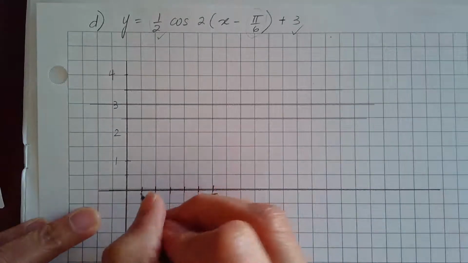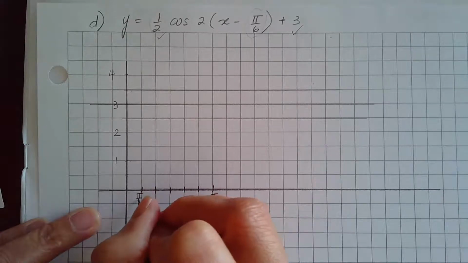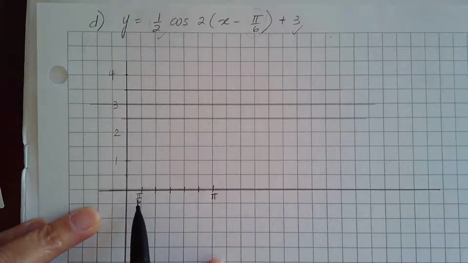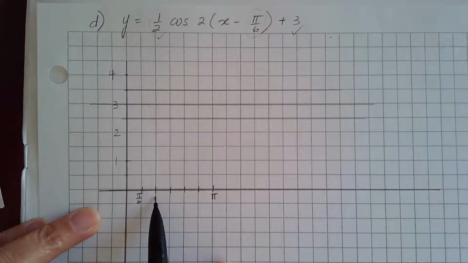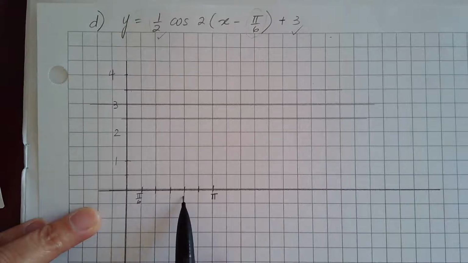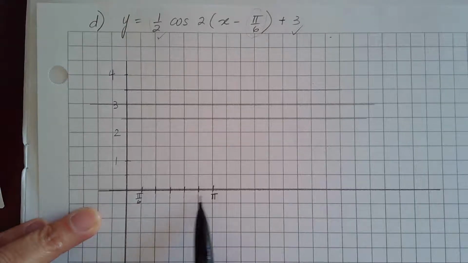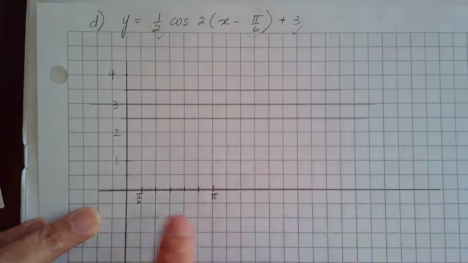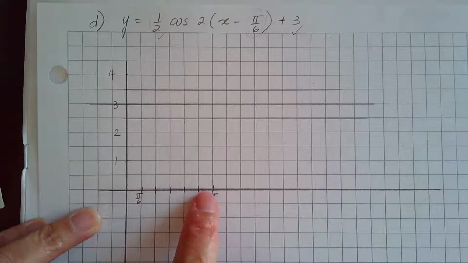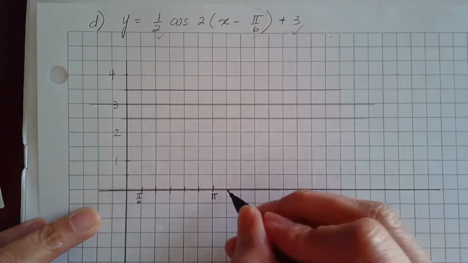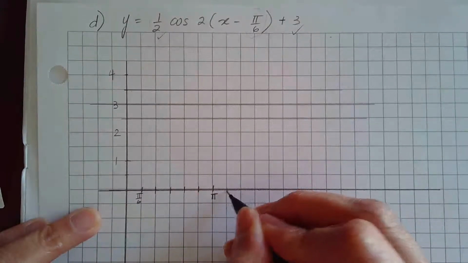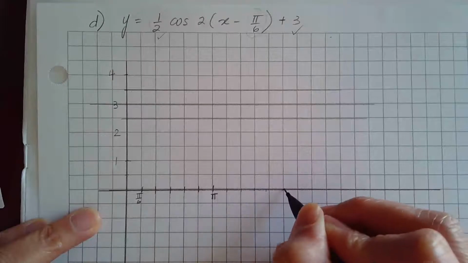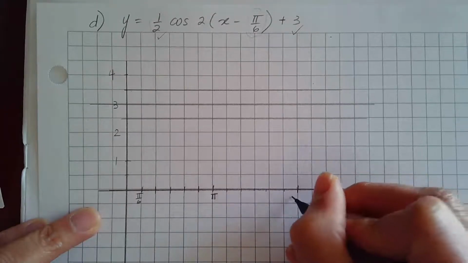Pi by 6, 2 pi by 6, 3 pi by 6, 4 pi by 6, 5 pi by 6, and then 6 pi by 6 will give us just pi. So we're going to need 6 ticks for every pi. Okay, that's going to be 2 pi.